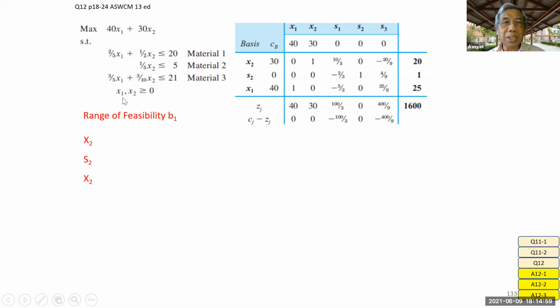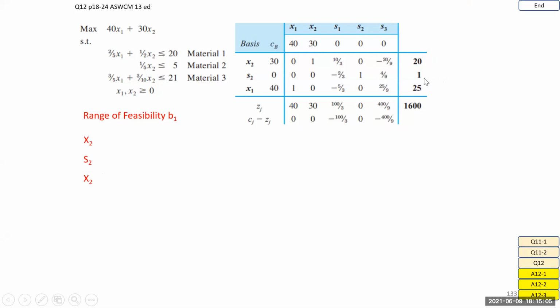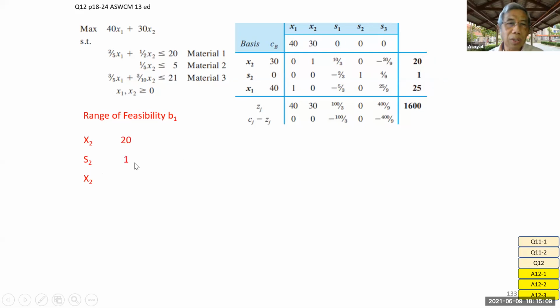Write down the current solution. This is the current solution: 20, 1, 25. Then we multiply this with some amount of change for B1. So the amount of change is delta B1, plus delta B1, up or down.